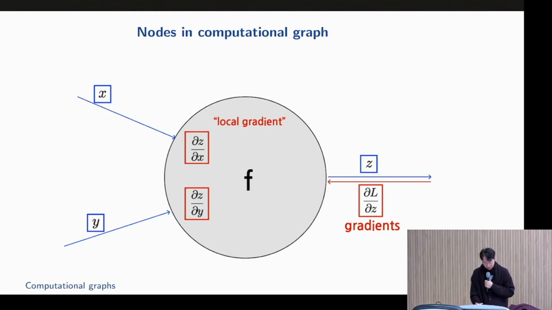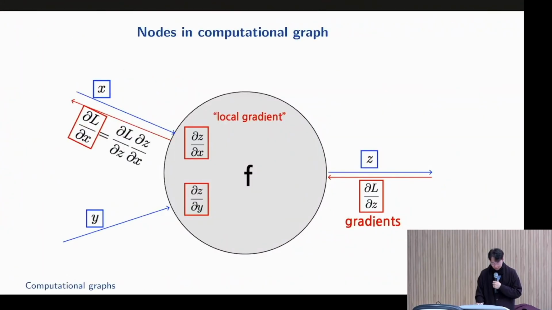So during backprop, you're given as input the upstream gradient, which is the gradient of the loss with respect to its immediate output. Given the upstream gradient, you're going to do a chain rule. You're going to multiply the upstream gradient by the local gradient of the output with respect to x.